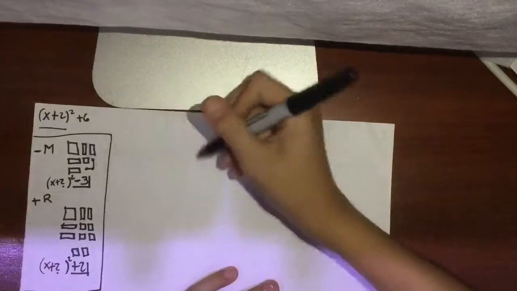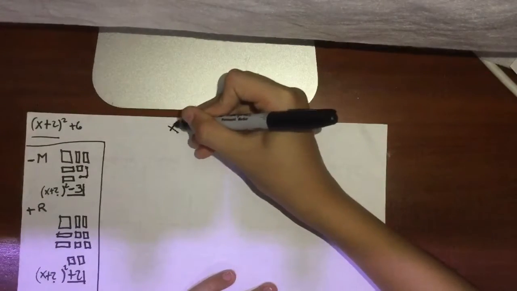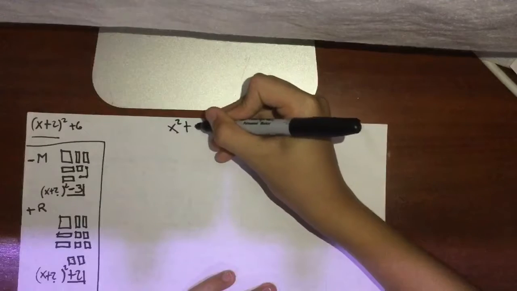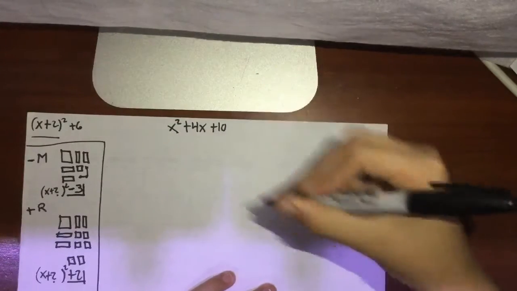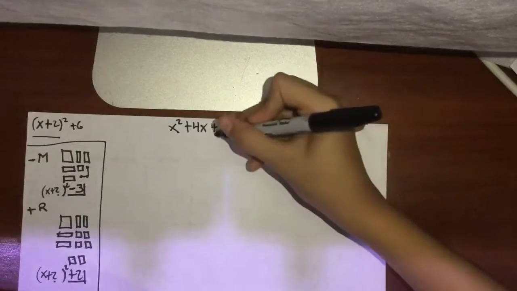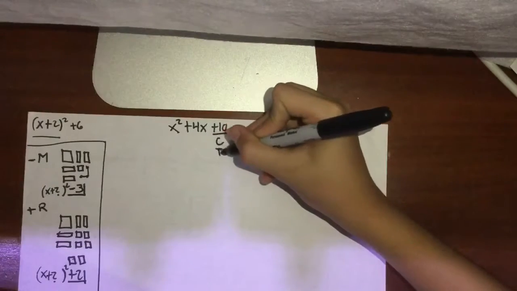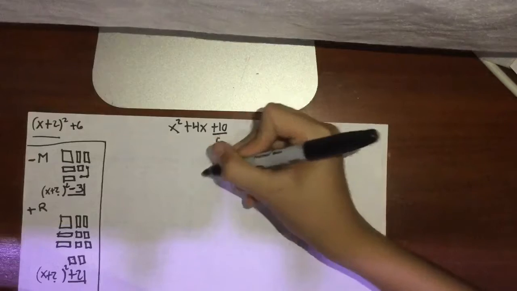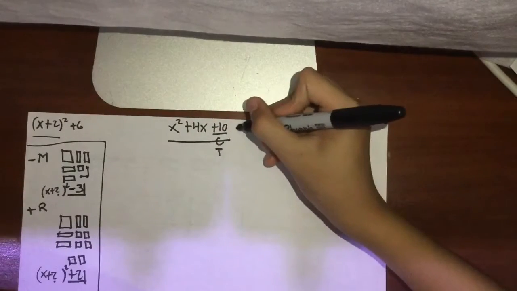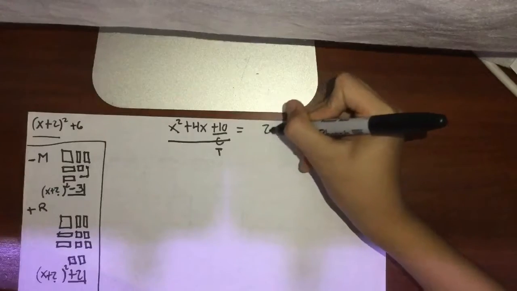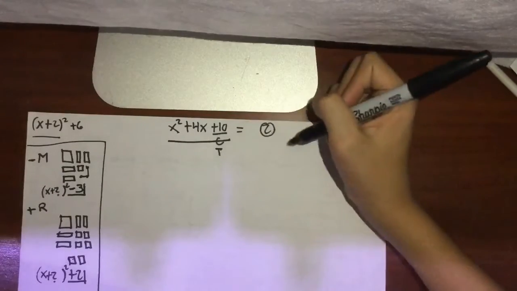Okay, so first of all we need to write the equation, that is x squared plus 4x plus 10. Then we recognize this as the constant term and we need to pass it from one side, where we have the equation, to the other side that we're going to name number 2.